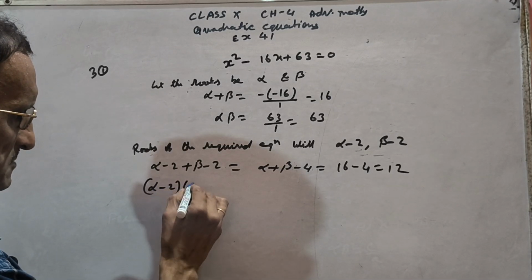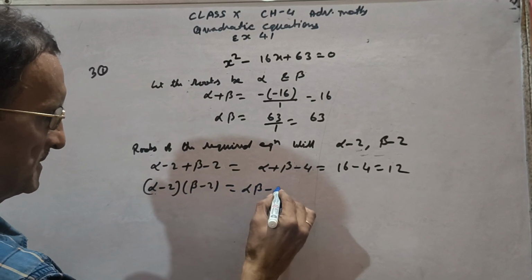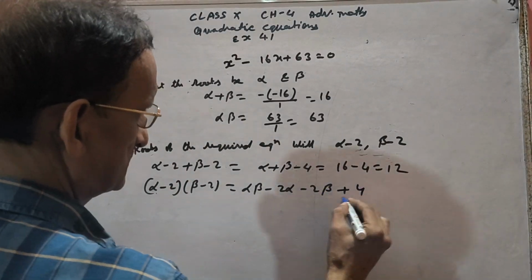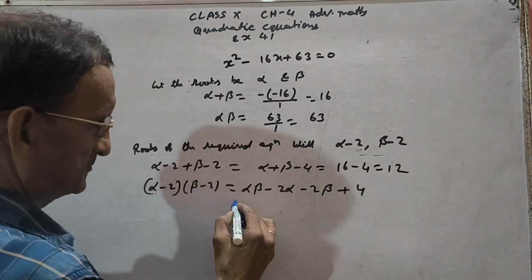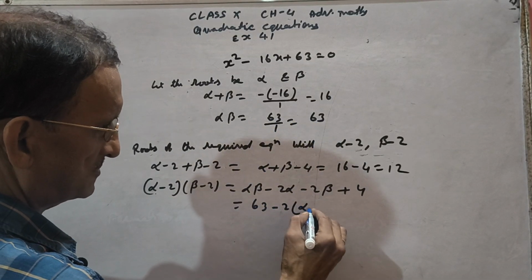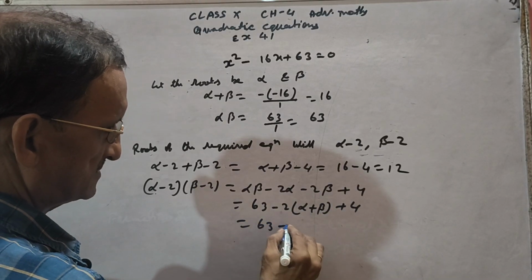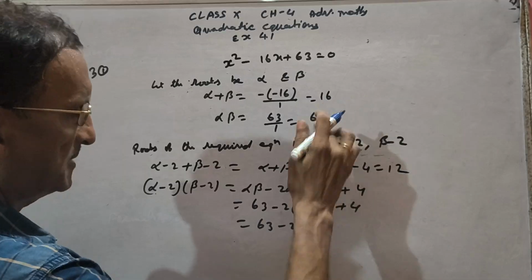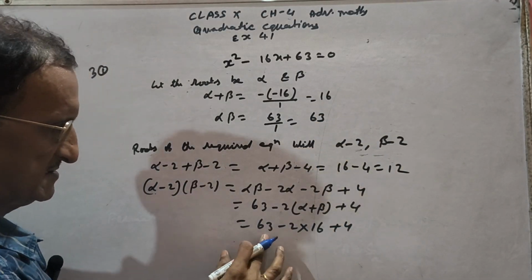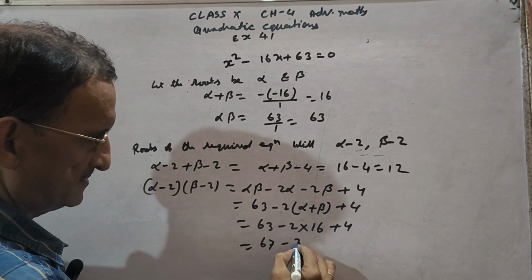Then find the product of roots. Alpha minus 2 into beta minus 2, multiply: alpha into beta, minus twice alpha, minus twice beta, plus 4. Understood? Put the value of alpha into beta, 63. Take 2 common, what will we get? Alpha plus beta plus 4. So this is 63 minus 2 into the value of alpha plus beta, 16, plus 4. 63 plus 4 is 67, and this is 32.